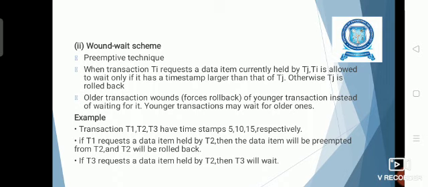For example, consider three transactions T1, T2 and T3 having the timestamps 5 seconds, 10 seconds and 15 seconds respectively. If T1 requests a data item held by T2, then the data item will be preempted from T2 and T2 will be rolled back.